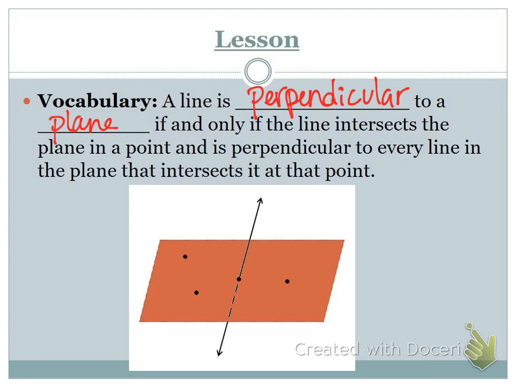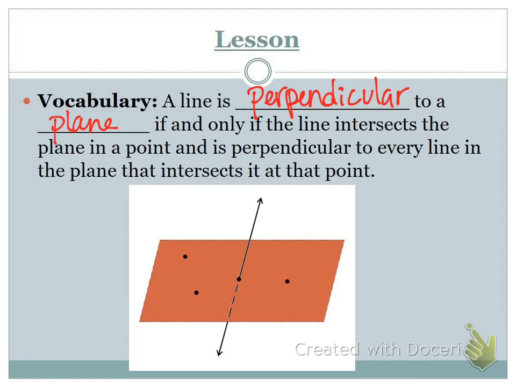It would be forming a right angle all the way around it with the ceiling. Does that make sense? Same thing if I were to tape a ruler to the floor sticking straight up. That ruler would be perpendicular to the plane that is the floor. It'd be perpendicular all the way around, making a right angle.